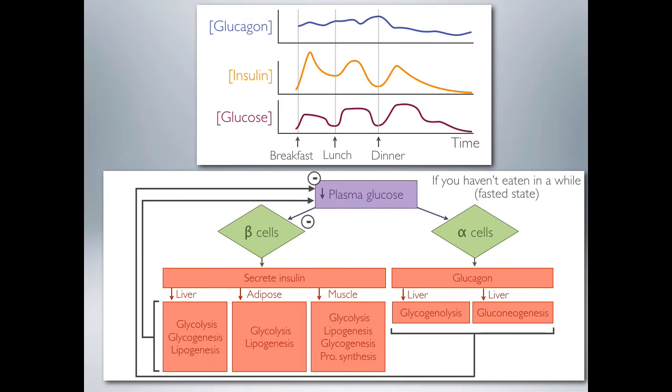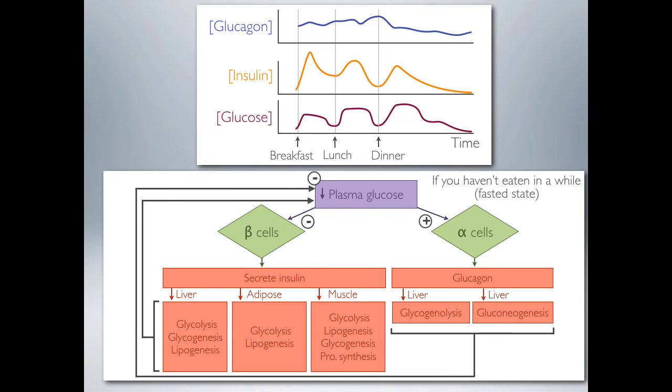If we inhibit the creation of storage, or the storage of glucose, then we negatively influence the plasma glucose. And if the alpha cells respond positively by releasing glucagon, then we have a liberation of glucose and a release of glucose into the bloodstream. Again, it's all in the interest of trying to keep it stable over a long period of time.